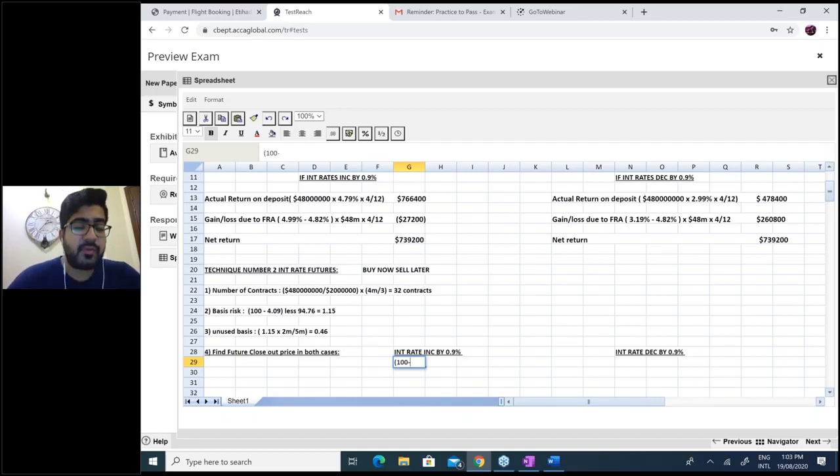So what is the interbank rate? 4.09. But here it's the case of increase by 0.9. Spot 100 minus LIBOR. LIBOR is the interbank rate, it's 4.09, but in the case where it increases by 0.9, it becomes 4.99. Less unused basis.